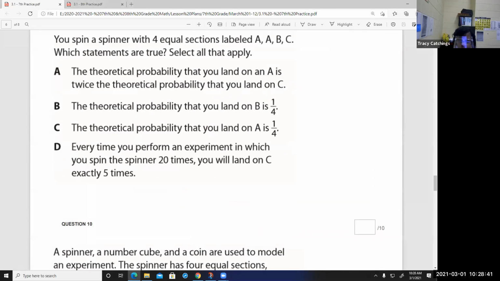All right. You spin a spinner with 4 equal sections labeled A, B, C. Which statements are true?